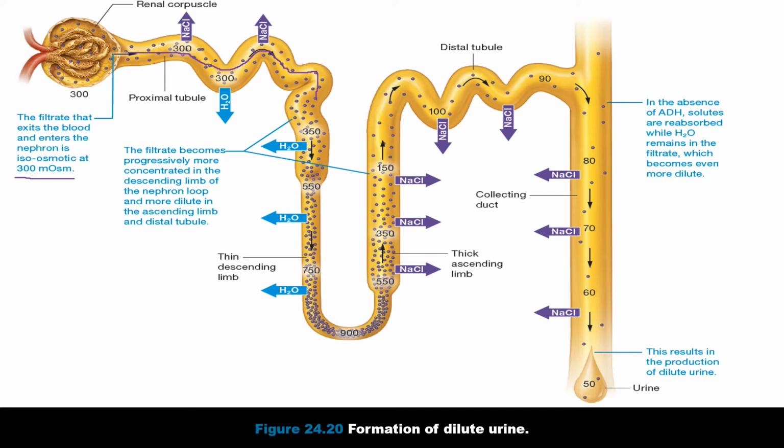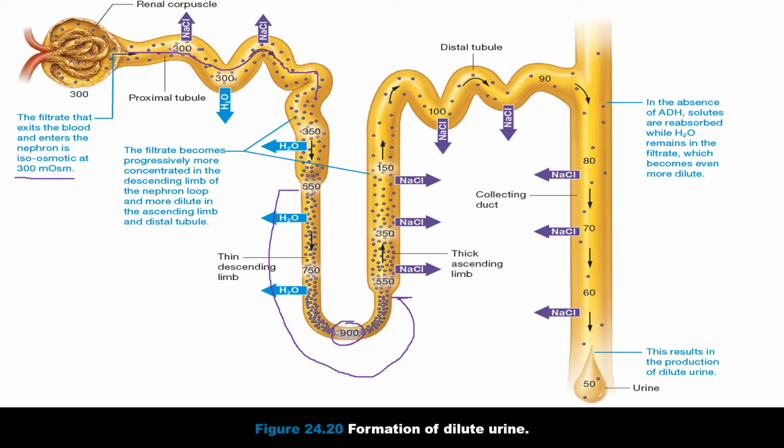And then as it progresses into the descending limb, you're going to see that it becomes much, much more concentrated, as remember, these limbs here are only permeable to water. And so through this whole region, it's only losing water, and it's becoming more and more concentrated, right? And you see it gets to 900 milliosmoles down in the bottom of the loop.